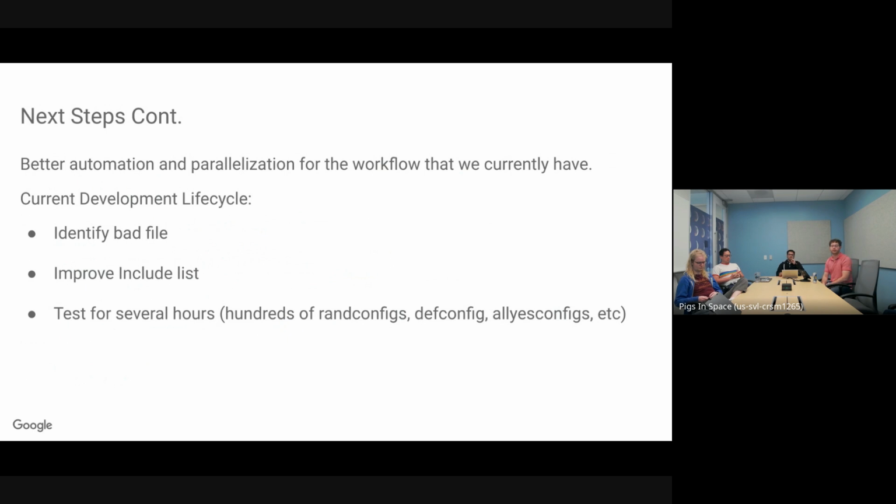We should expect no output or no change. And if we do see an output or some change, then just like running a file through clang-format, maybe someone needs to amend their patch with some fixes. So that's kind of the goal in the future. I think we can expand this to do that.